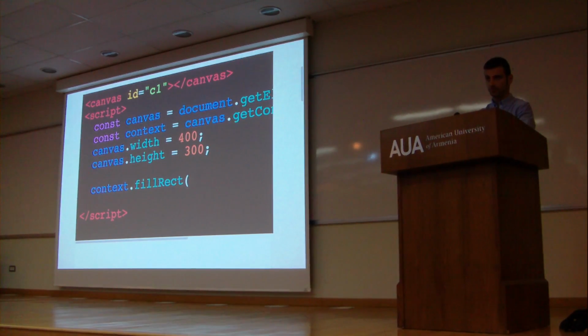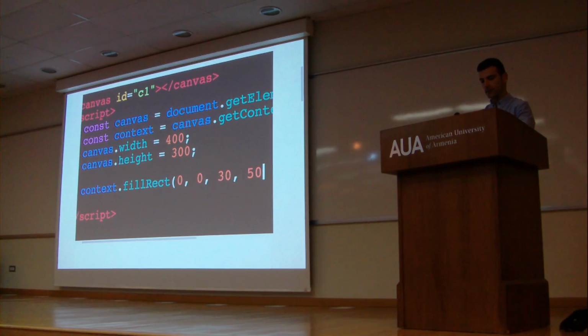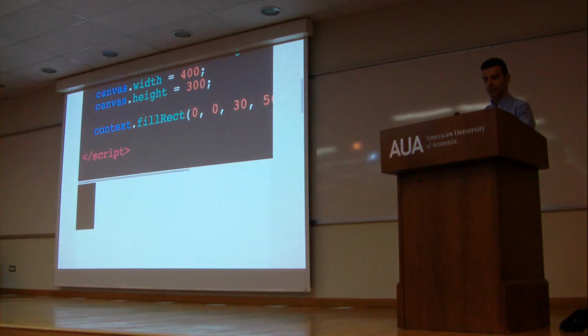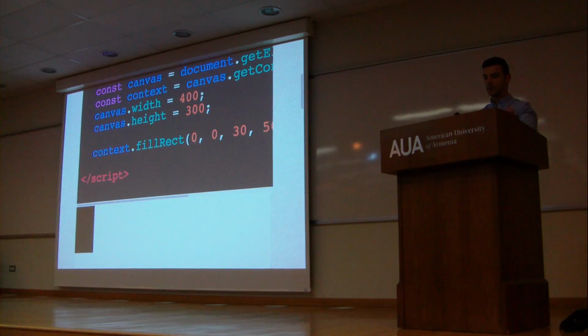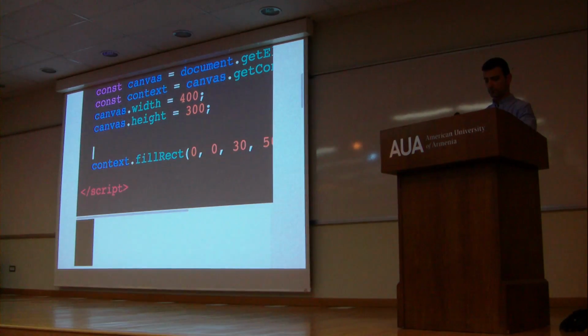So give me a location. 0, okay. 0, fine. 30 I heard, and 50, let's say. Okay, and there I go, right? So it starts at 0, 0, that's right over here. And then it goes 30 width and 50 height. Clear? How do I change the color?